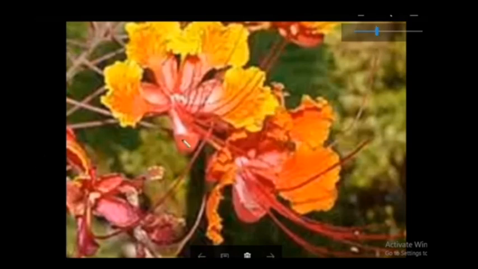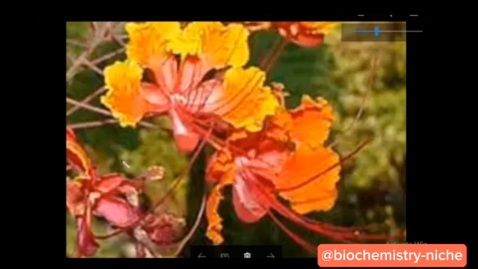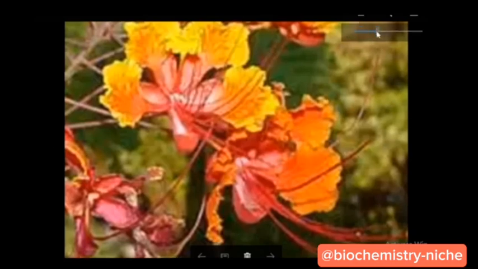These are petals, and on the petals we now have the yellow sepals. You can see these ones are orange red, the petals, and then we have the yellow parts being carried by these long stalks here called the stamen. So that is what this particular organism looks like.